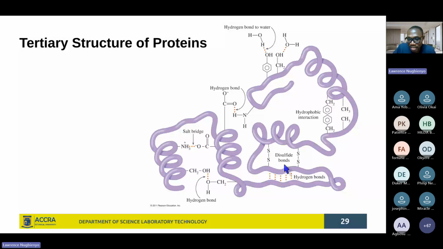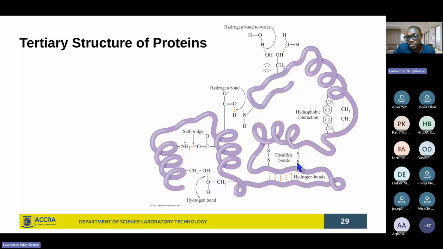So between the sulfur in these amino acids, you can have such interaction, particularly where cysteine is ending with a sulfhydryl group. So that hydrogen which is on the sulfur would be given out, and then there will be a bond formed between the sulfur of these amino acids, the cysteine, and you have what is referred to as disulfide bonds.